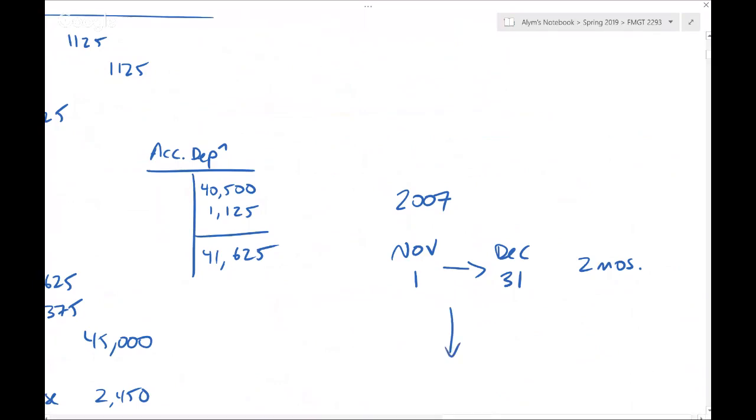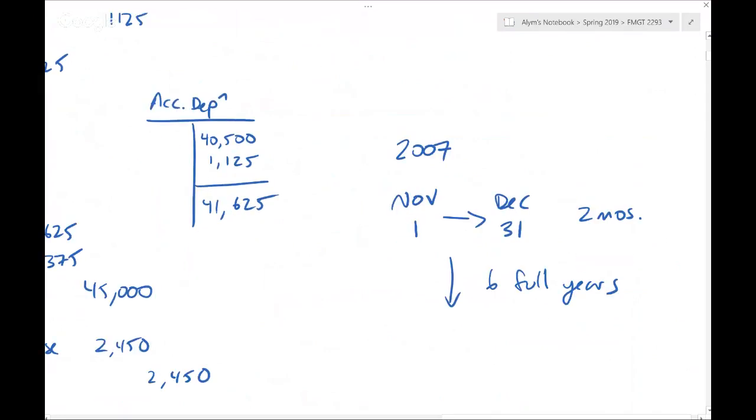Then we've got 6 full years. And then this year we've got January through November. So 10 more months. So in total, we're talking about 7 full years.